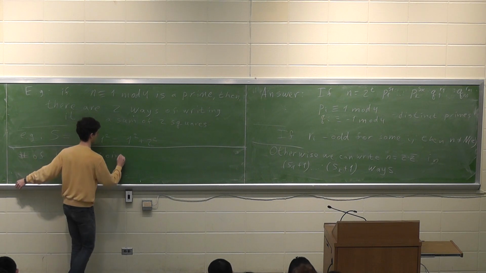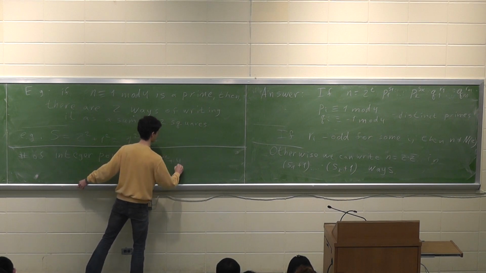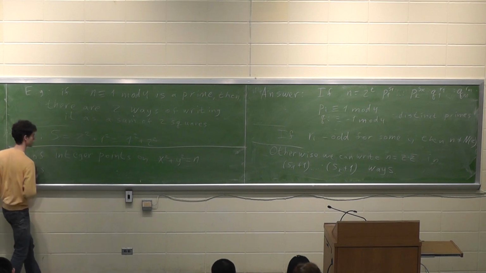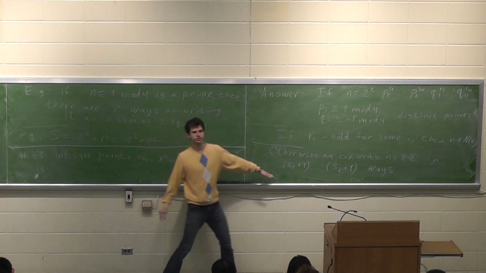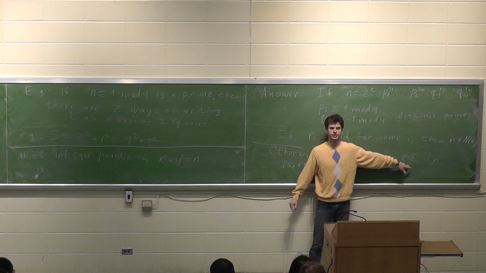points on such a circle is, well, it's essentially this number, but here I wanted to write it as a sum of two squares.